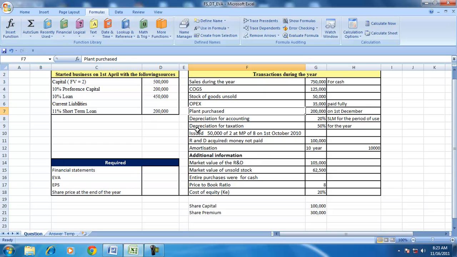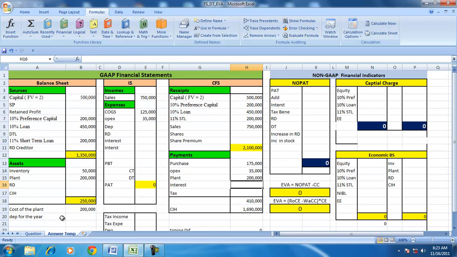And depreciation for the period is at 20%. So depreciation for the year is 0.20 into 200,000, that is 40,000.